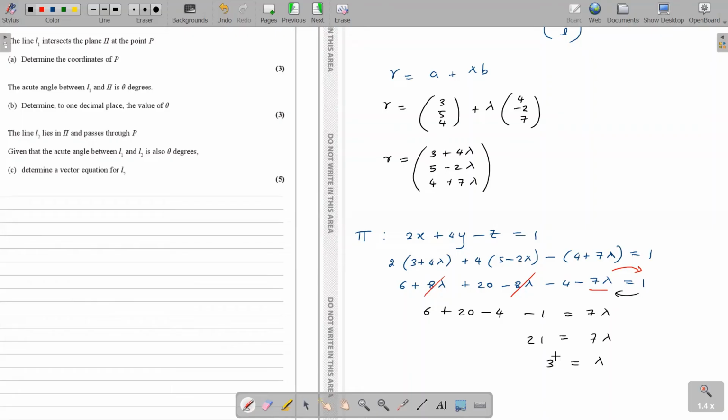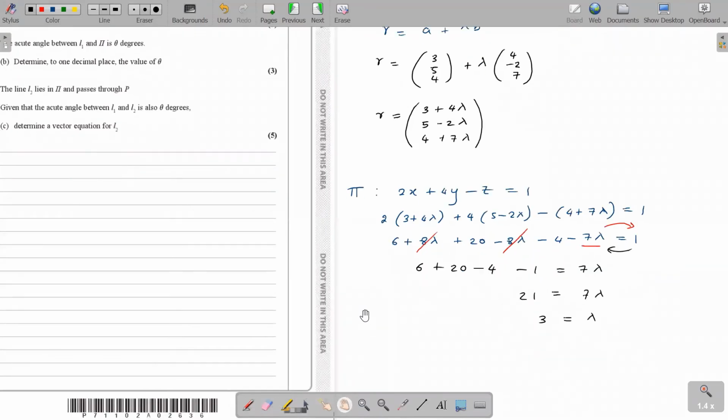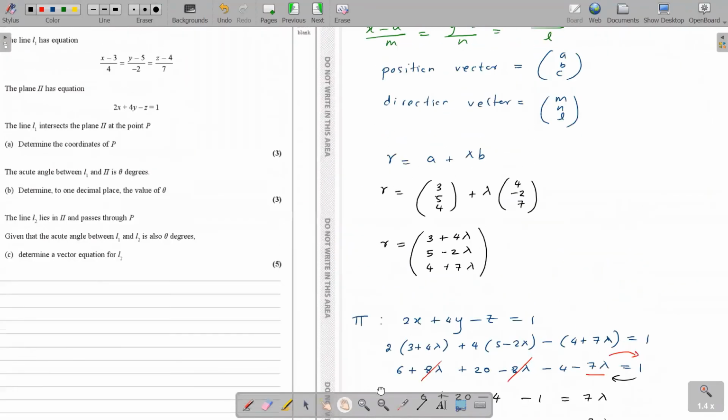Now how do we find the coordinates where the line and the plane intersect? Go to the equation of the line, where you can see the x, y, z coordinates. Replace the lambda with 3. That specific lambda is the place where the line and the plane meet. The point of intersection, have they given it a name?